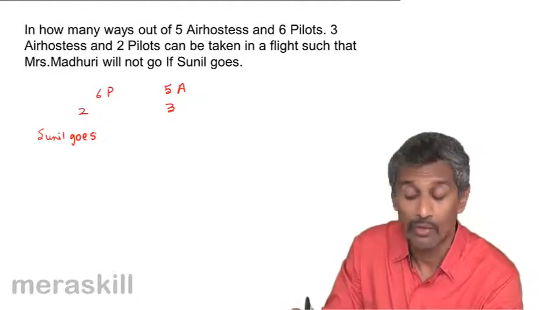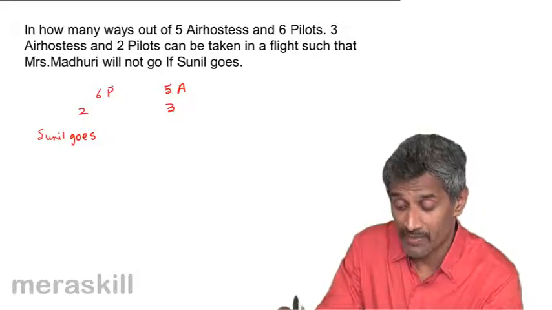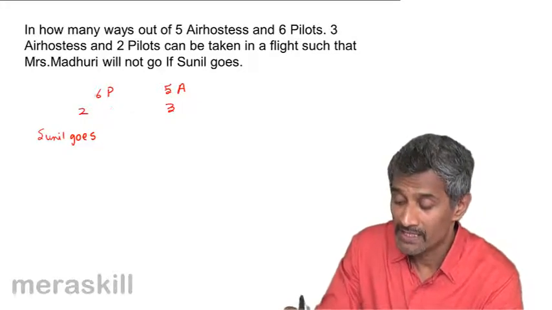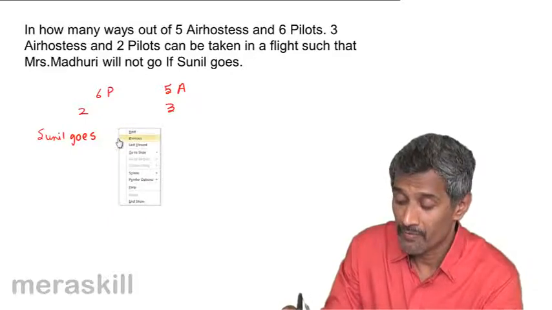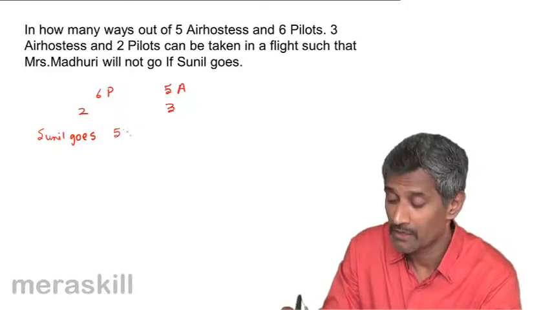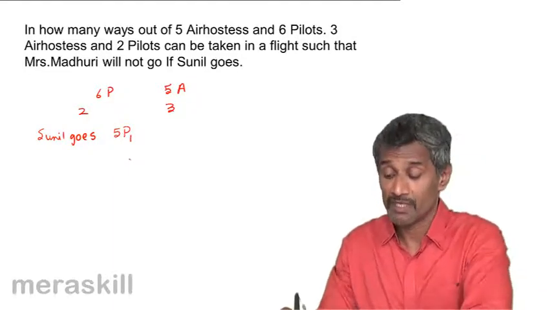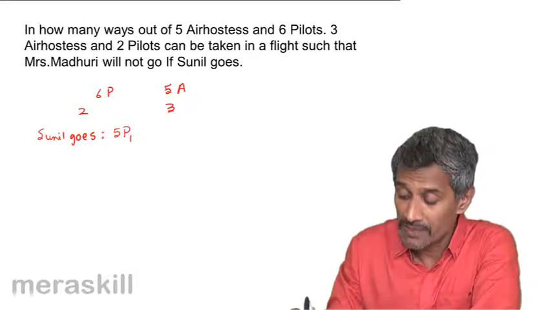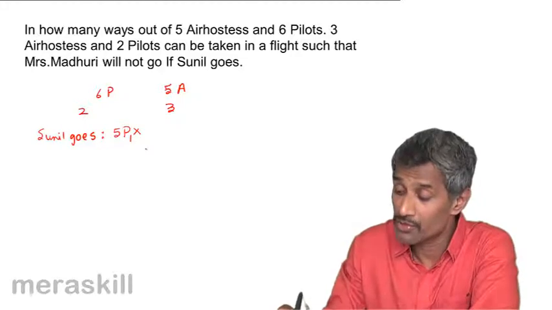So Sunil goes means Sunil has already been selected, which means 6 minus 1, that is 5 are available for selection and only 1 has to be selected, 5C1. So that means Sunil goes, it is 5C1 into, now the air hostesses have to be chosen.